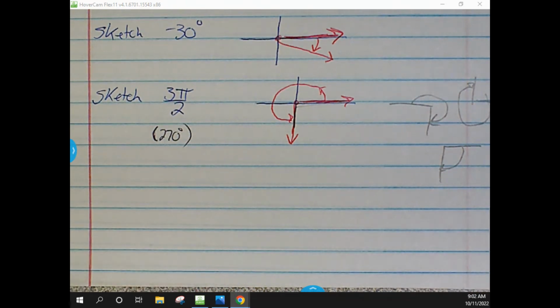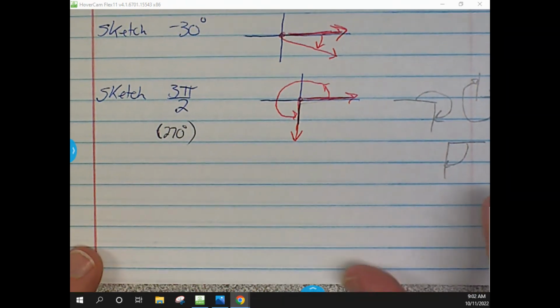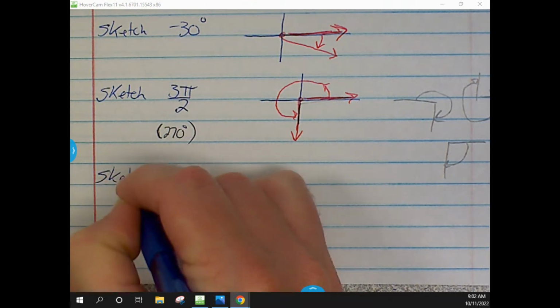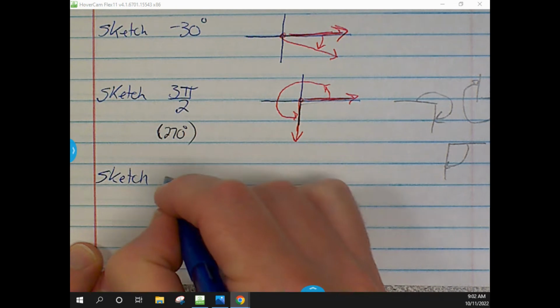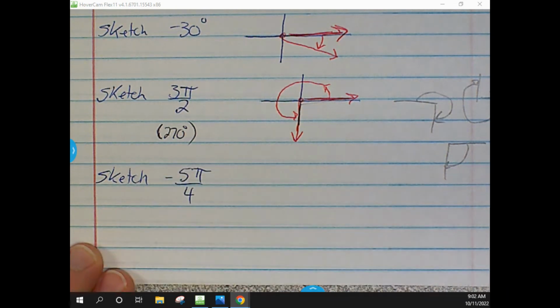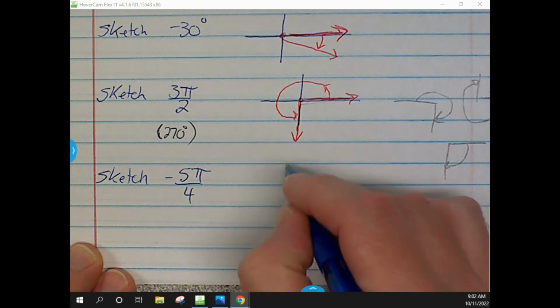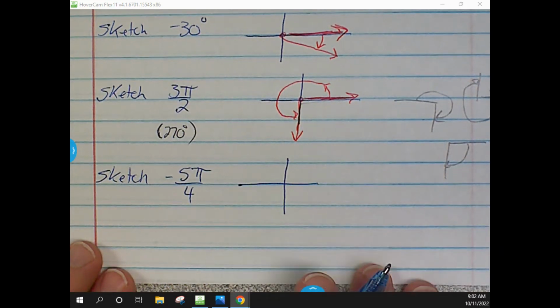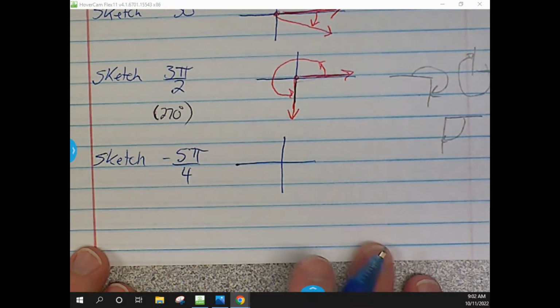Now, in that case, they may give you one that may not be. Let's sketch one more. So let's do negative 5 pi over 4. And you're probably going, I don't know what 5 pi over 4 is.